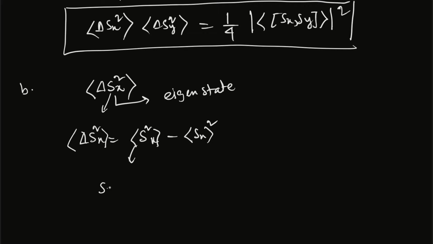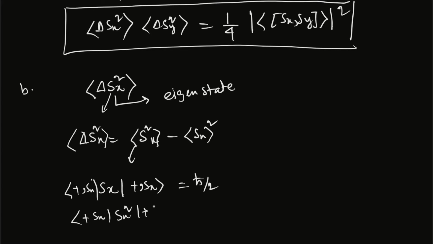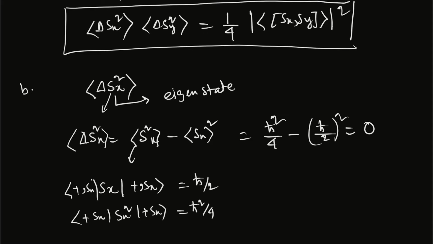Sx operating on |+x⟩ will give ħ by 2, and Sx square will give ħ² by 4. So ħ² by 4 minus ħ by 2 its square will give 0.